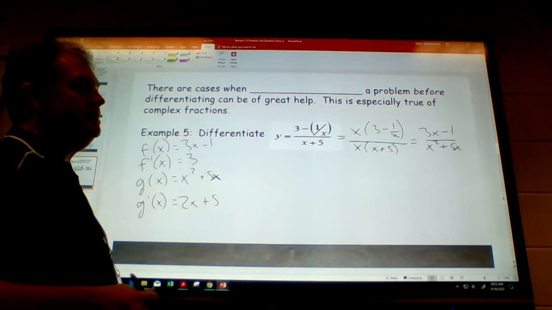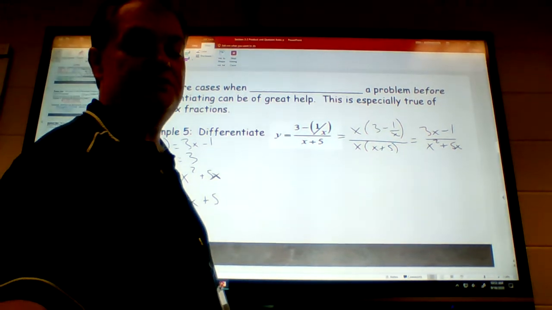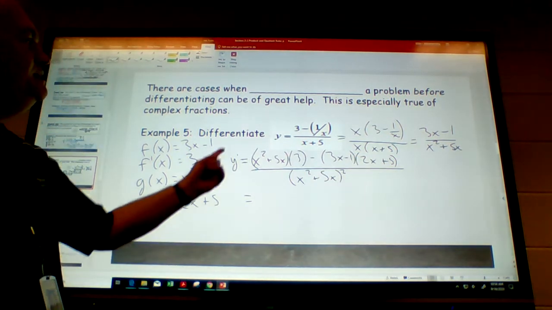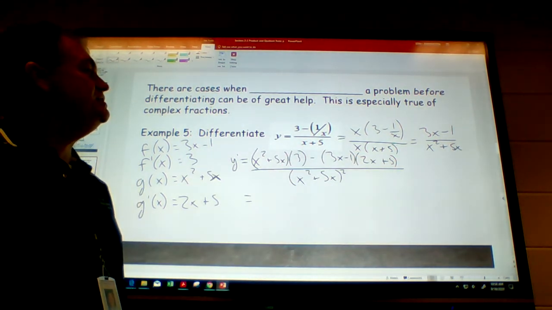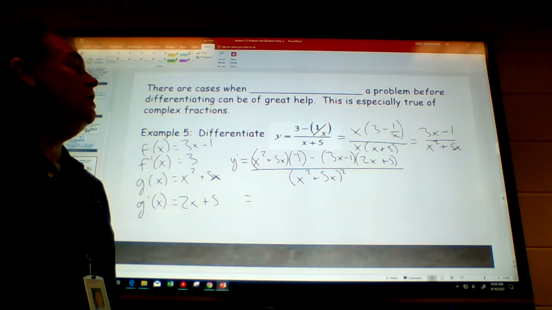All right, and from there you just plug in, and I'll pause this for a while. So we end up with x squared plus 5x times 3 minus 3x minus 1 times 2x plus 5, all over x squared plus 5x quantity squared.